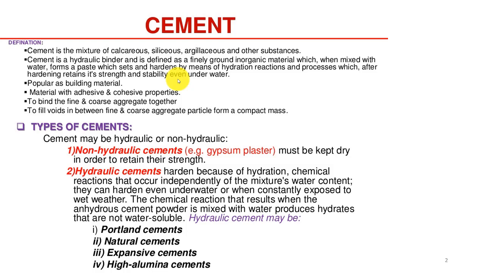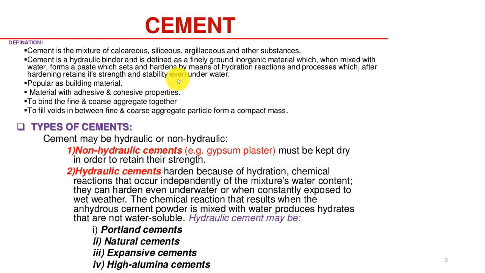The chemical reaction involved in hydration requires water for its completion and strength gain. I will talk about the different hydration products in later slides, but here I will cover the general concepts about hydraulic cement.